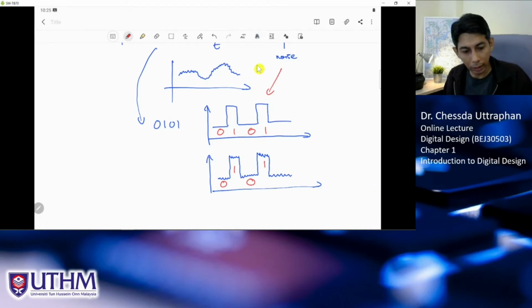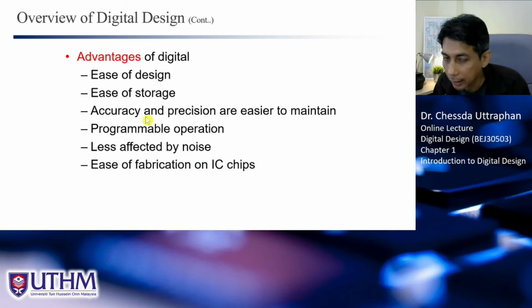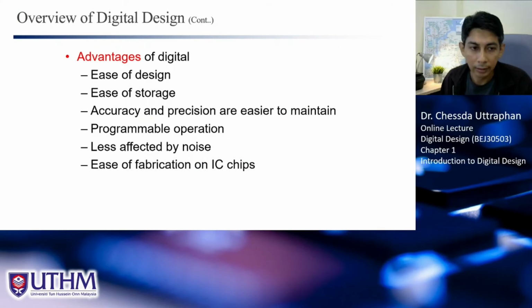So although you have noise along the way, it is easily recognizable as 0 or 1 for a digital signal. That is why we say that accuracy and precision are easier to maintain, and of course it is less affected by noise.